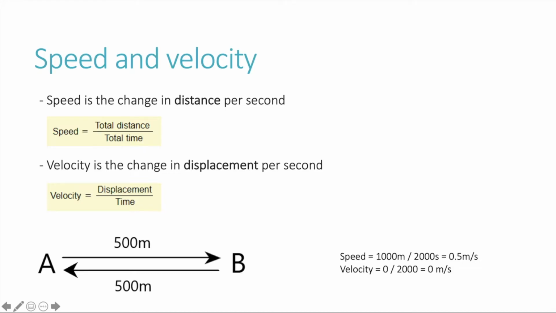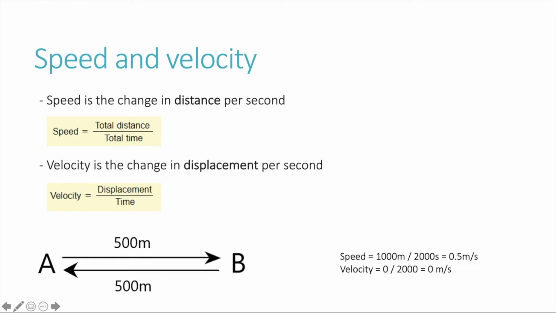Now, displacement is a little bit different because, as I said before, displacement takes into account the direction of your travel as well. Going from A to B is 500 meters, in a certain direction. Let's just imagine a compass, and you're traveling east, 500 meters. Now, when you travel from B back to A, you're traveling in the complete opposite direction from where you came.